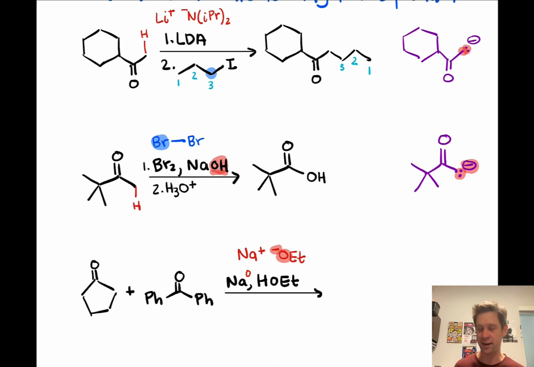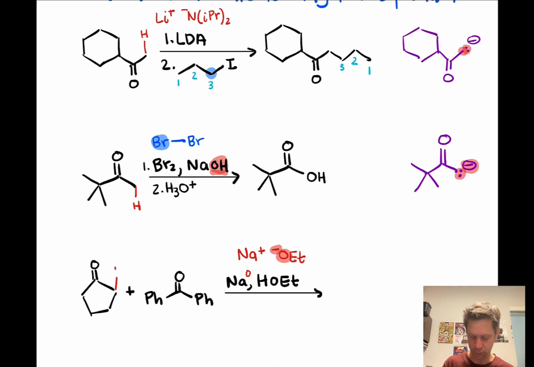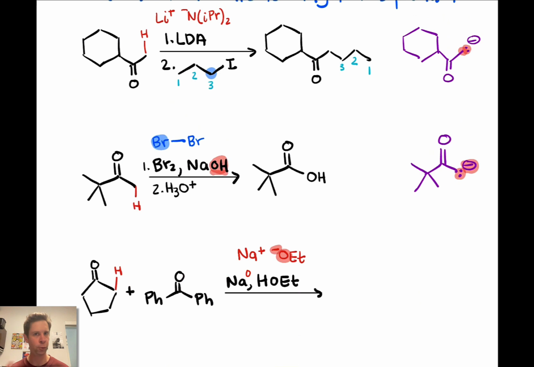So without any alpha hydrogens, this cannot form an enolate. The only enolizable position is one of the alpha carbons of cyclopentanone. And those are equivalent. We'd get the same enolate regardless of where we deprotonated, and that's going to be the enolate of cyclopentanone, which in its C- resonance form is going to look something like this.